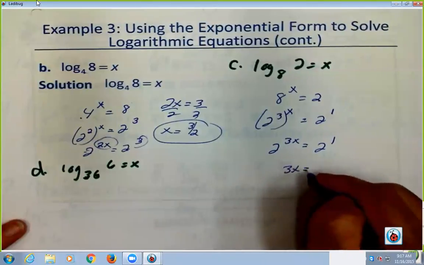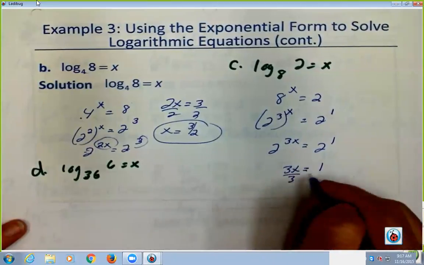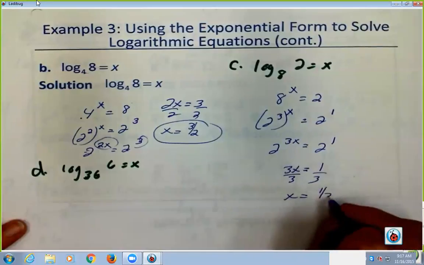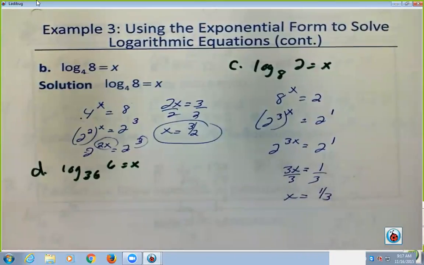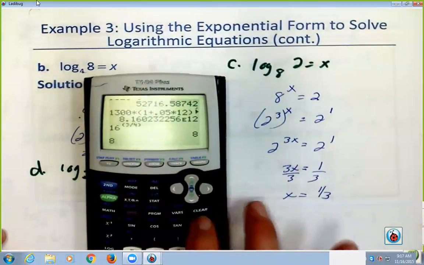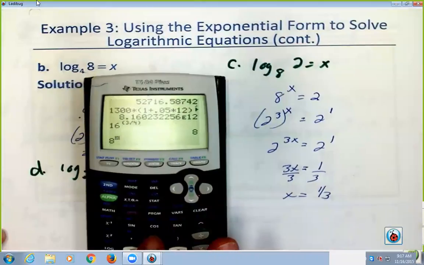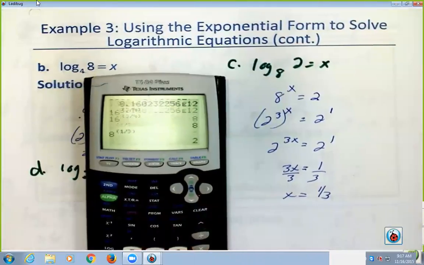So 3x equals 1. Divide by 3, and we find x to be 1/3. And if you want to check it, you can, because now we can put 8 raised to the 1/3 power, and it comes out to be 2. So we know we did it right.